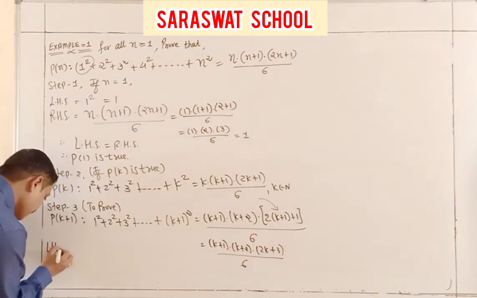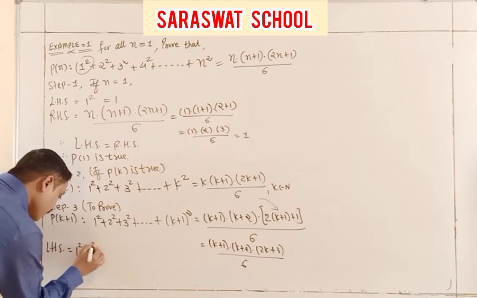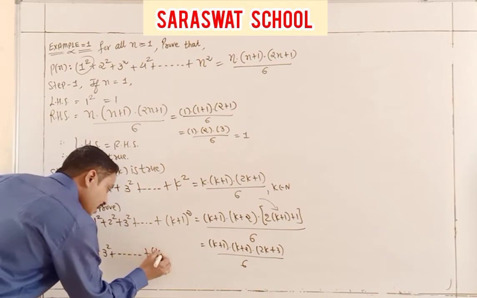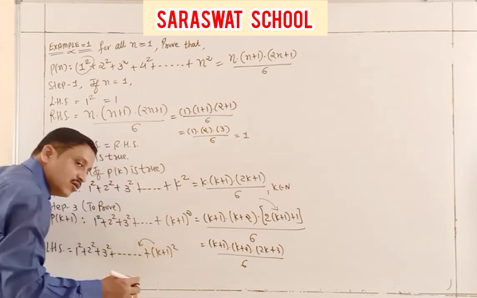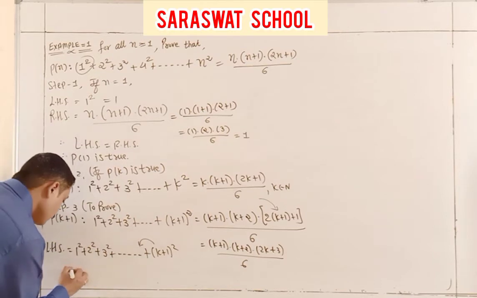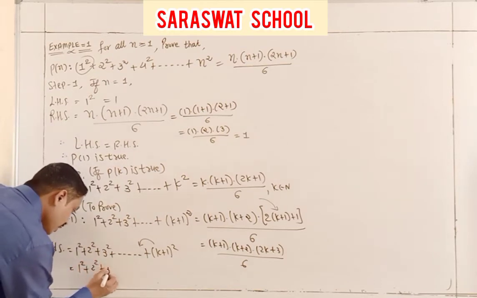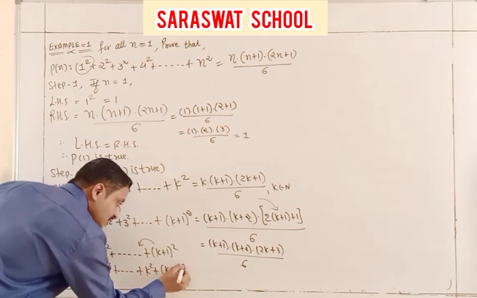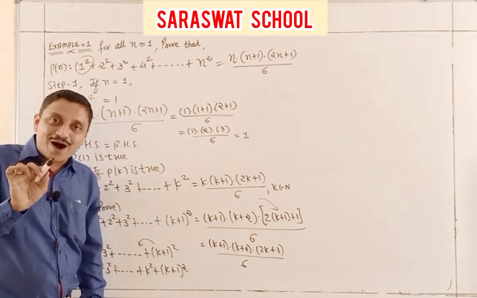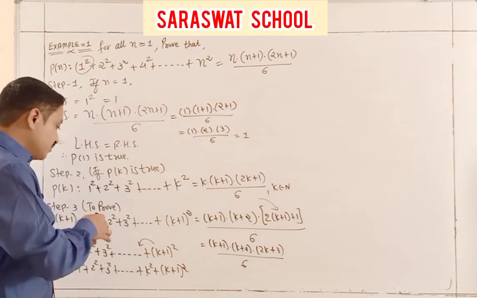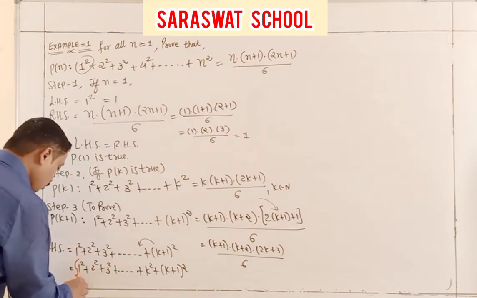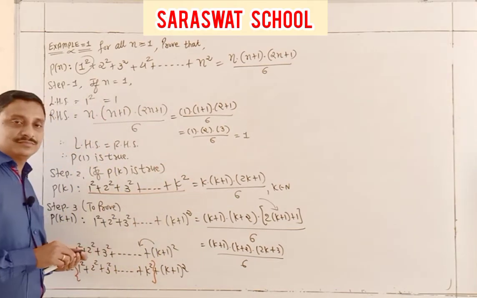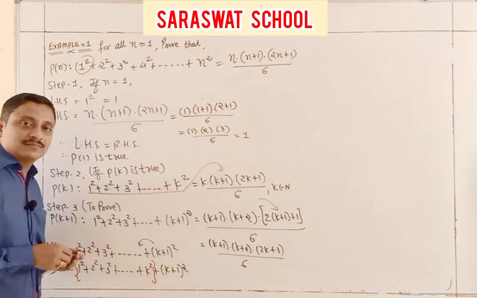Now I start with LHS. My LHS is 1 square, 2 square, 3 square up to k plus 1 whole square. And the previous terms are 1 square, 2 square, 3 square up to k square, but here k plus 1 the whole square. Now students, this value, 1 square to k square, is known from step 2.